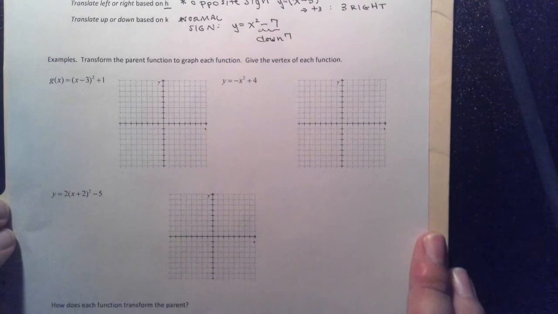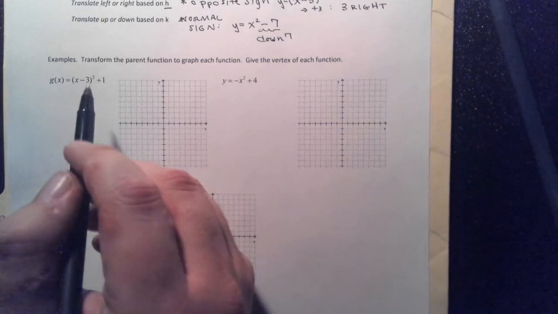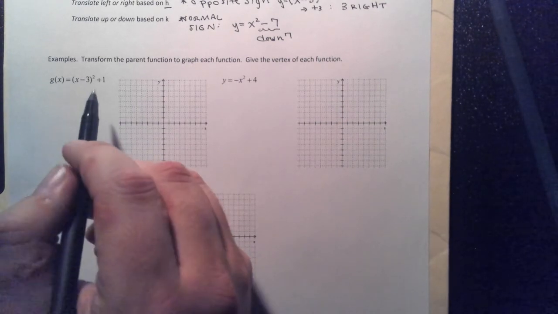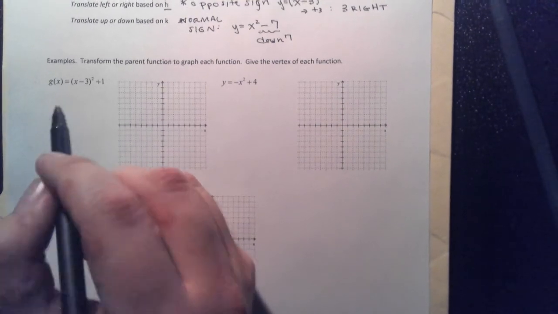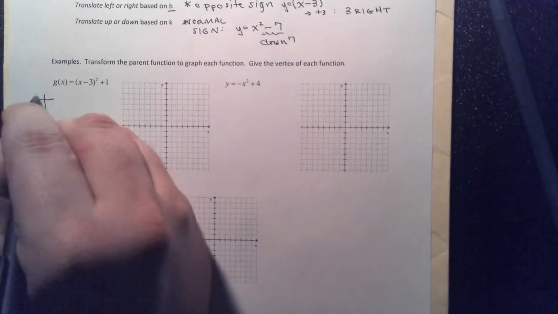I want to transform the parent function to graph each function, and then I want to give the vertex of each function. So what I'm going to do is look at each of these equations. So I know what my parent function is. I'm going to make a note of what my parent function is.